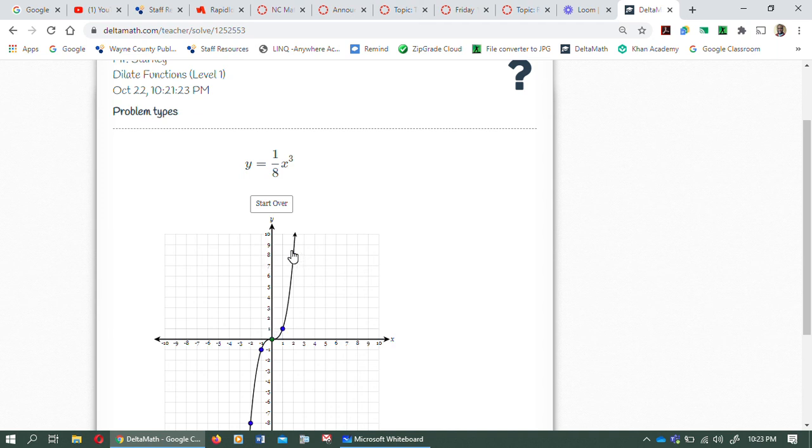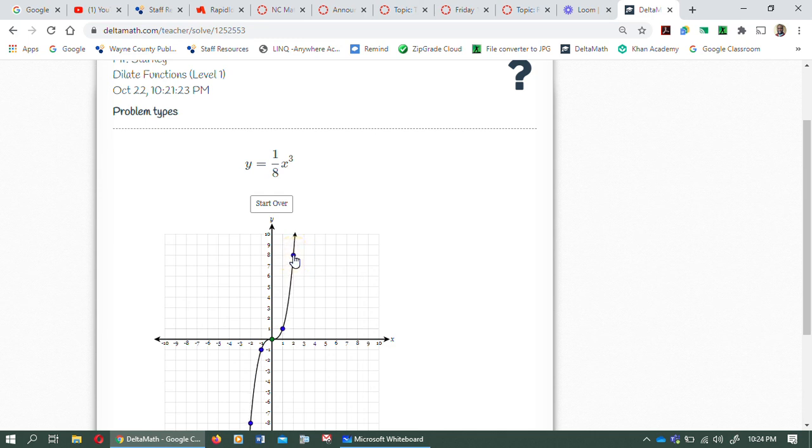But guys, if you look here, you can see that there is a point that has a y value of 8, right? So this point right here does have a y value of 8. If you shrunk it by a factor of 1/8, then instead of it staying at 8, if you multiply 8 times 1/8, the new y value is going to be 1 for this point.